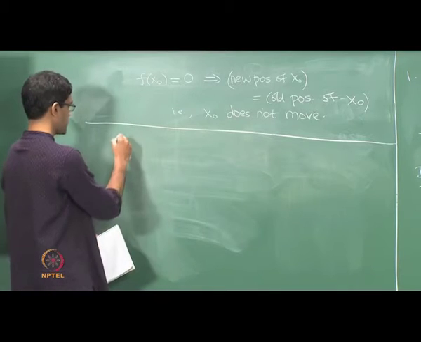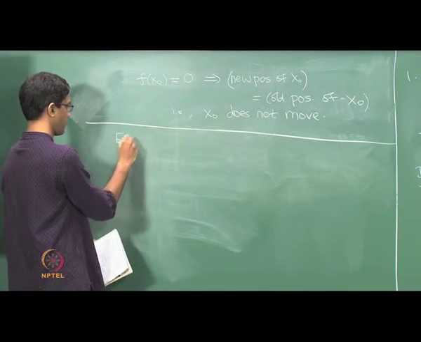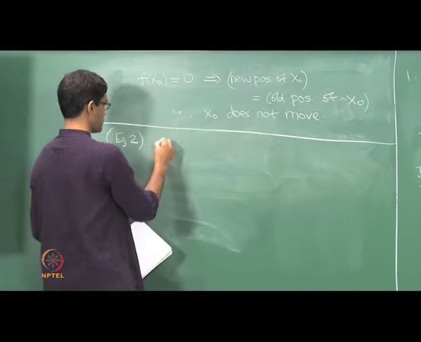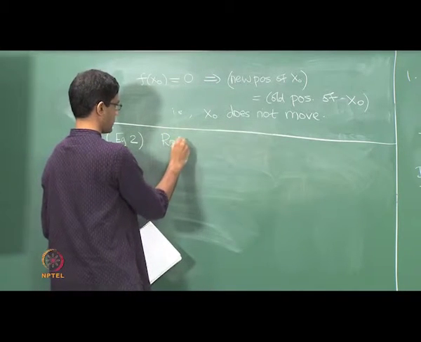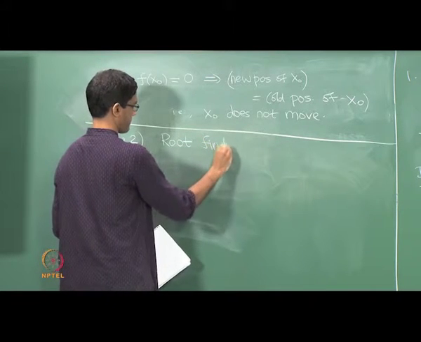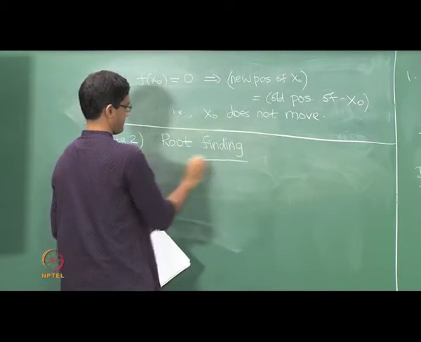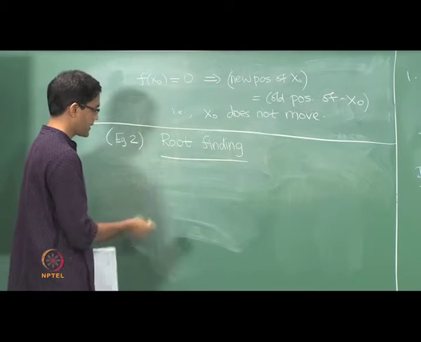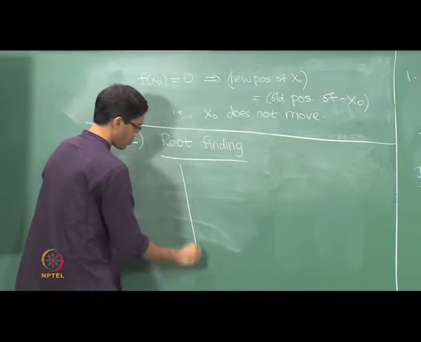Now here's example 2, and this is sometimes what's called the process of finding roots. So root finding. Now of course it's a special case of root finding. So what does a root mean?